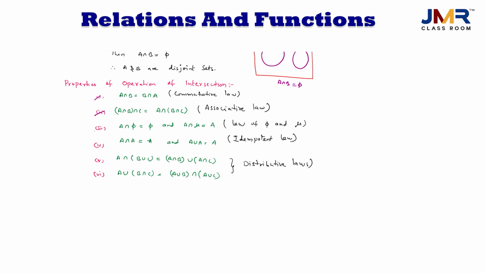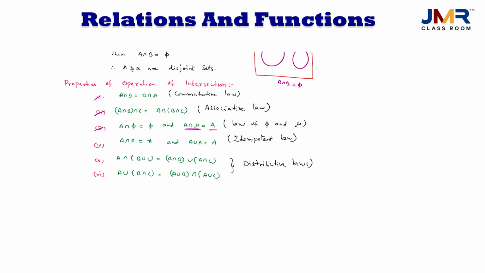A intersection phi equals phi, because intersection means only common elements have to be collected. Phi has no element, so the intersection also contains nothing. A intersection mu equals A, because A is the smaller set and mu is the universal set. The common elements are obviously the elements present in set A only, so A intersection mu is A only.